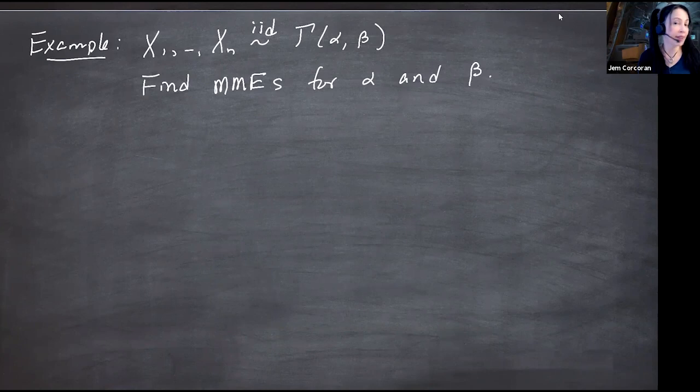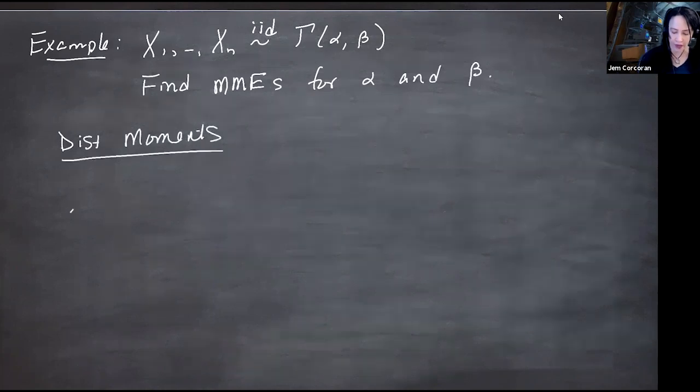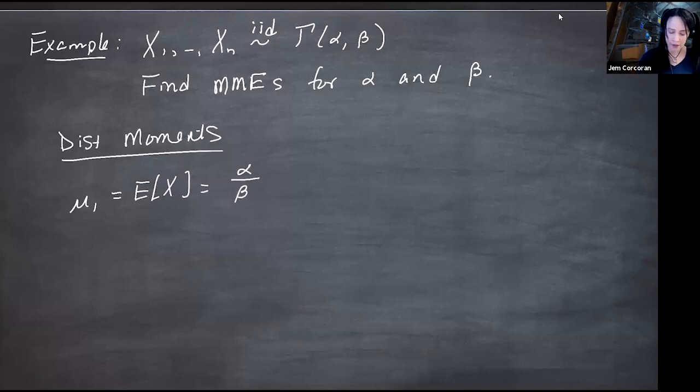2 parameters, likely we're going to need 2 moments. Let's write down the distribution or population moments. Mu1 is the expected value of x to the first power, and that's the mean of this distribution, alpha over beta. Mu2 is the expected value of x squared, which is not quite the variance.